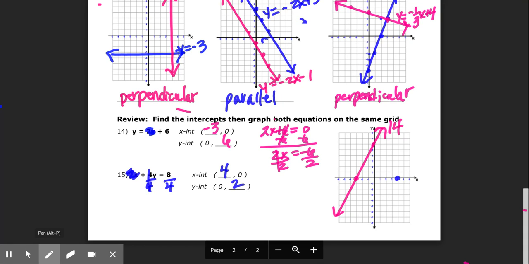All right, so we're going to have a 4, 0 and a 0, 2. And there we go. So this was problem 15 right there. All right. Those are some pretty long notes, but they're good information on perpendicular and parallel lines.